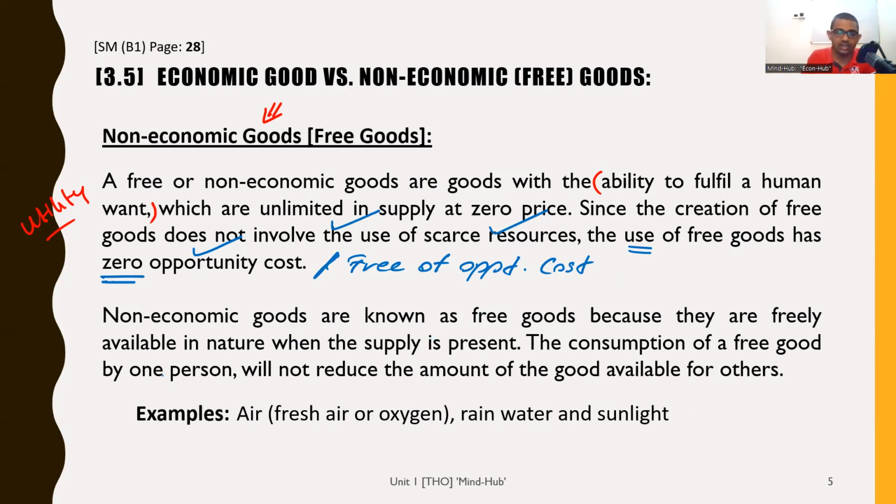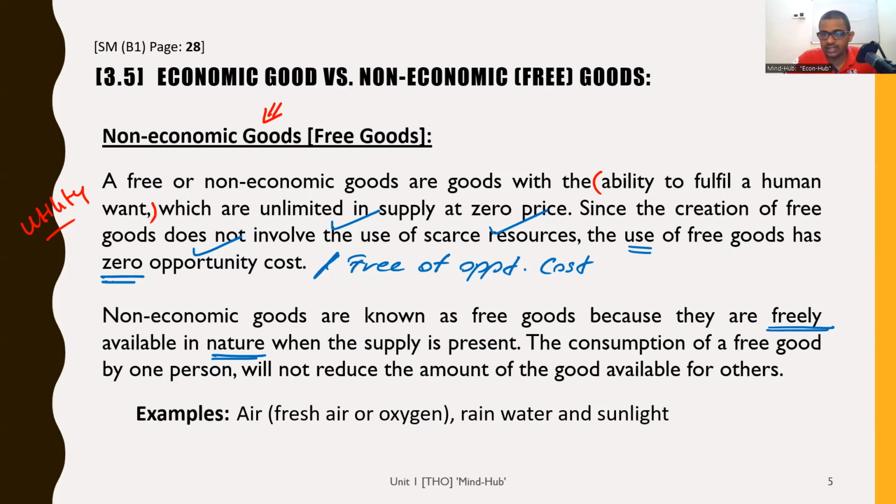Zero opportunity cost. Non-economic goods are known as free goods because they are freely available in nature, whenever the supply is there, during daytime, daylight, right? If you're above the surface of the earth, fresh air, oxygen.